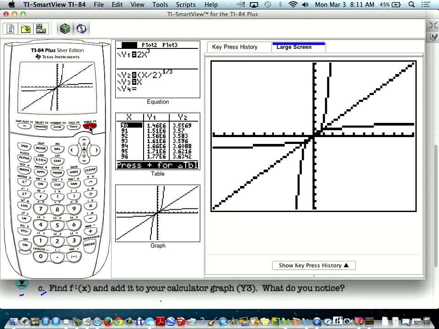Yeah? It's not the best way to do it, but it gives you an idea. So when you guys get to the exam, and the problem is, here's your function, find its inverse, and you find it, you're not always 100% sure if you're right. Type the two functions in, put the y equals x line on there, and see if it looks good.